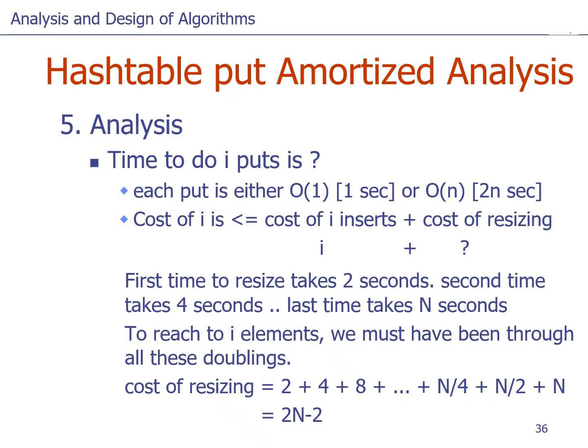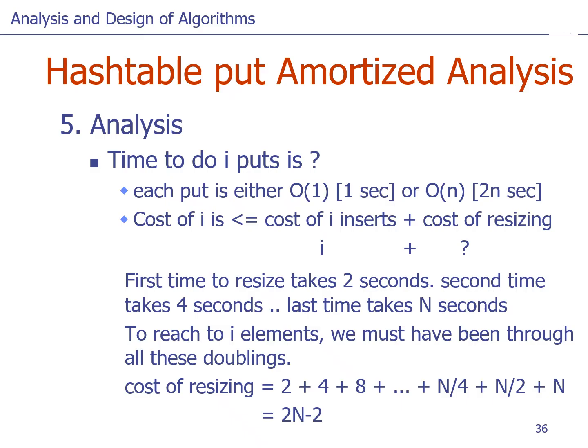Okay, so this is what we're going to do. The last time we do a resizing is going to take us n seconds, because we said that the resizing is 2n. I'm just going to forget about the constant, the 2. I'm going to say n.